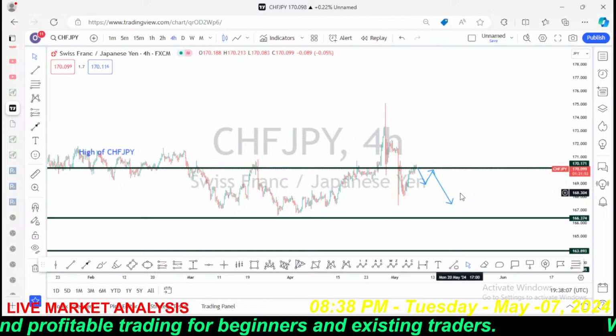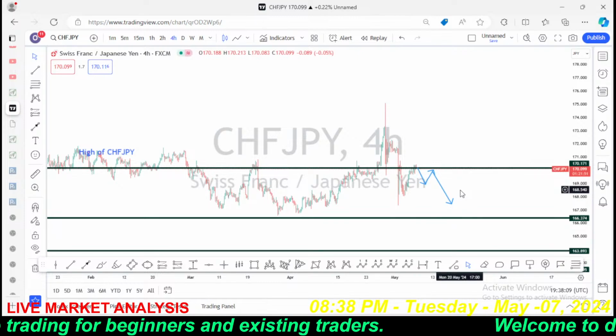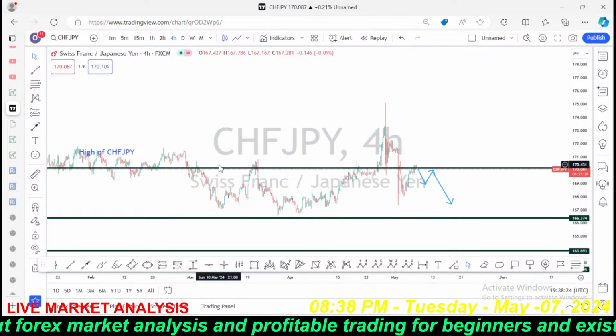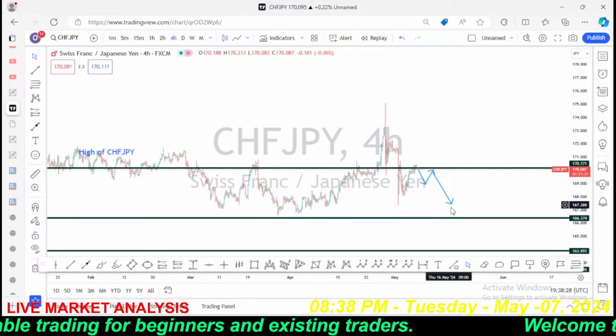So this is the likely possibility that we can experience with this zone. That is, if these points are not violated, if the market respects these price levels here, the market will trade in this order.